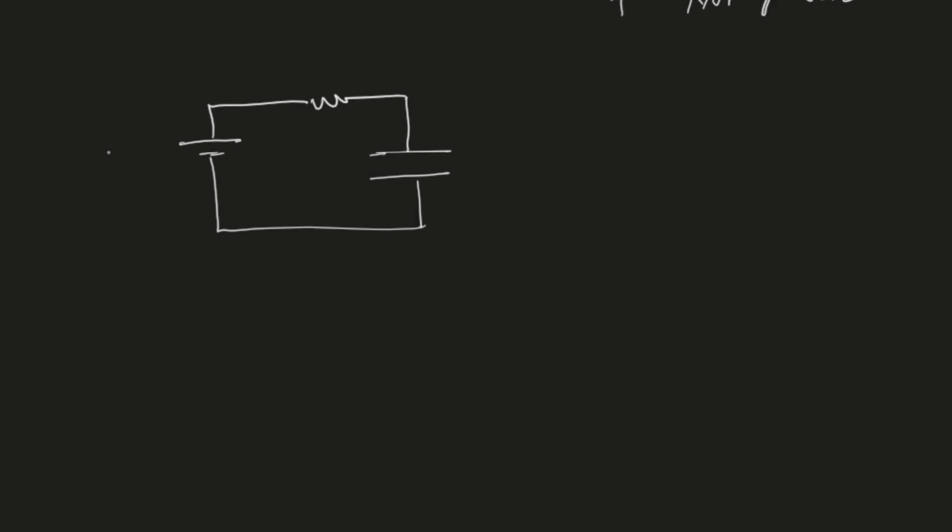My voltage source is 10 volts, so it's a 10 volt power supply. The resistor has some value R and the capacitor has some value C, and we will say that the current flows in this direction. Initially we will assume that the capacitor was not charged, so the voltage across the capacitor was 0 at t equals 0. So I can say that Vc at t equals 0 was equal to 0.